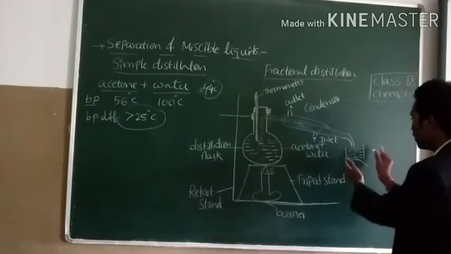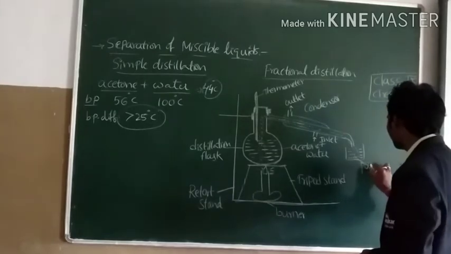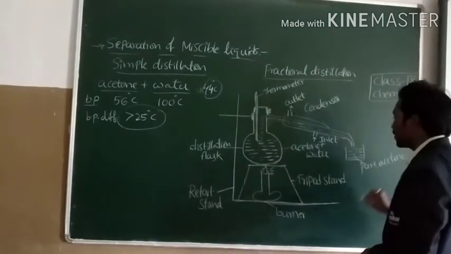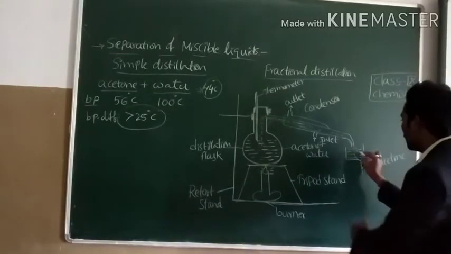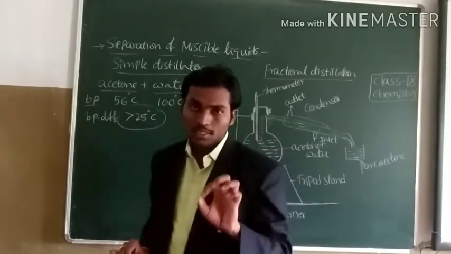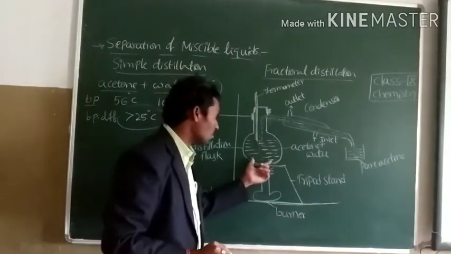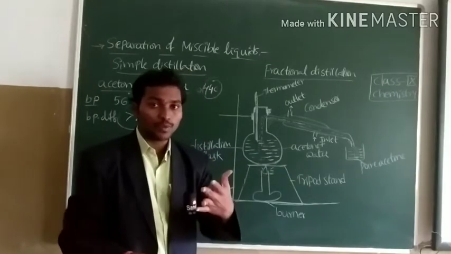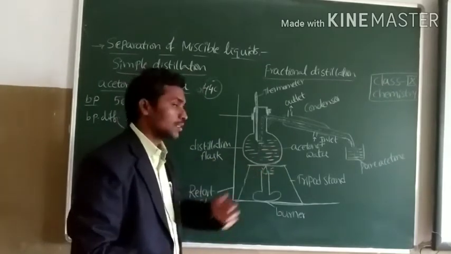So we can collect pure acetone in another beaker. And what remains in the distillation flask? Water remains in the distillation flask because the boiling point of water is 100 degrees Celsius.